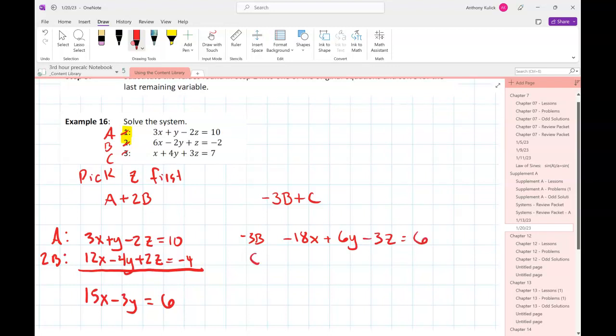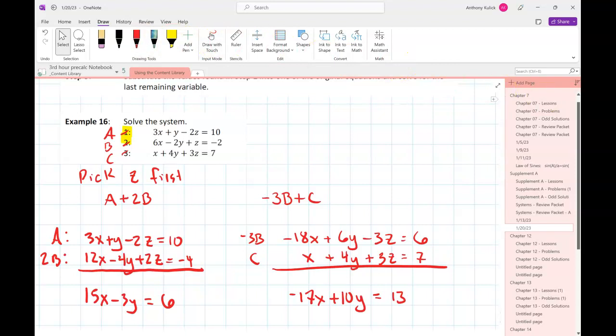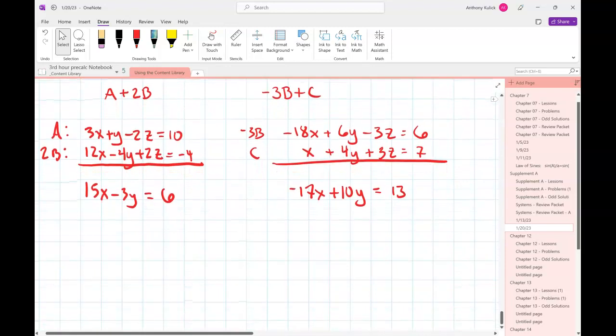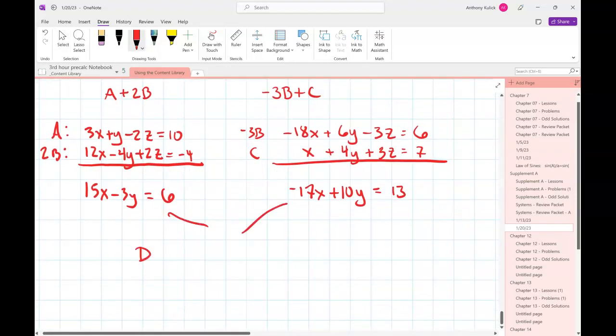And then equation C, we're not doing anything to. So just recopy that one. When we add down, we have negative 17x plus 10y equals 13. These now are going to form a new system of equations D and E.